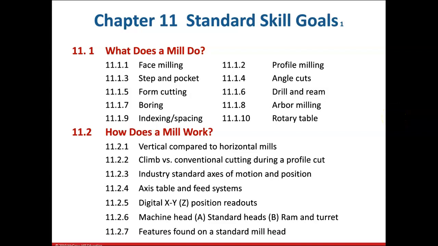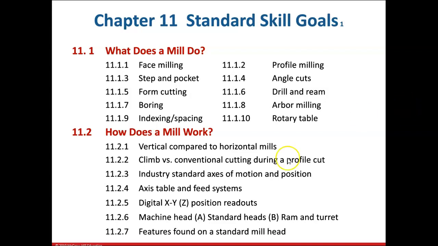So by the end of this semester, you're going to know what all of these things are. You're going to know what the mill does in terms of face milling, step and pocketing, form cutting, boring, indexing, spacing, profile milling, angle cuts, drills and reams, arbor milling, rotary tools. We're going to have to go through all of that. So we're also going to talk a lot about how the actual mill works, both the vertical mill compared to the horizontal mill.